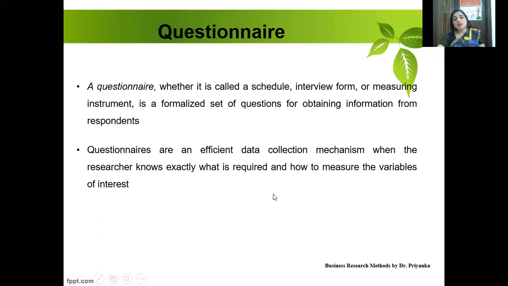And it is really considered as efficient data collection mechanism. It's one of the best mechanisms to collect data if we can put in the required labor, you can say, or we can spend time on it. It is efficient data collection mechanism when the researcher knows exactly what is required and how to measure the variables of interest.